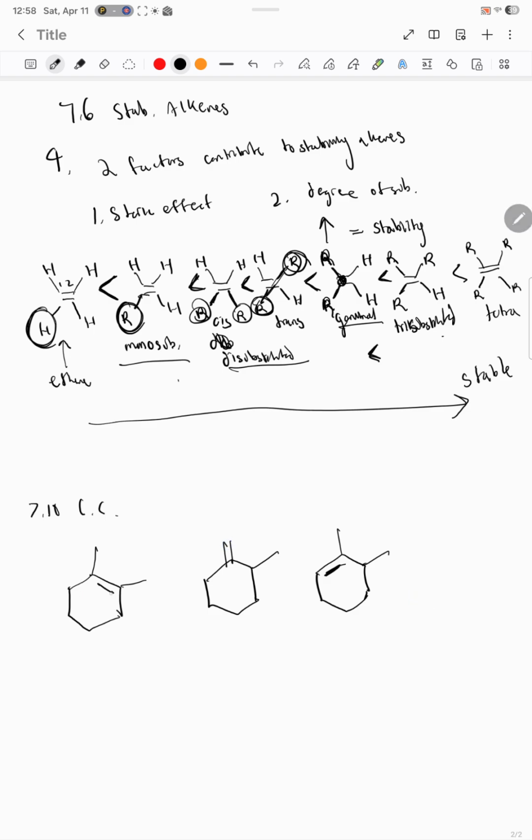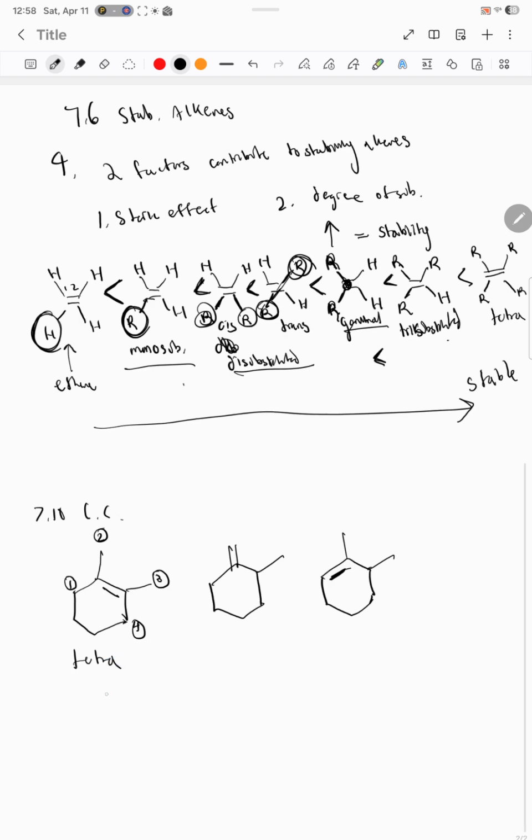R just means they're extended carbon chains. So in terms of counting R, there's 1, 2, 3, and 4. Because these are not hydrogens, remember, these are just carbons. So this one is tetra, and we learned that tetra is most stable. You could just look above, I have it in the arrows, most stable.